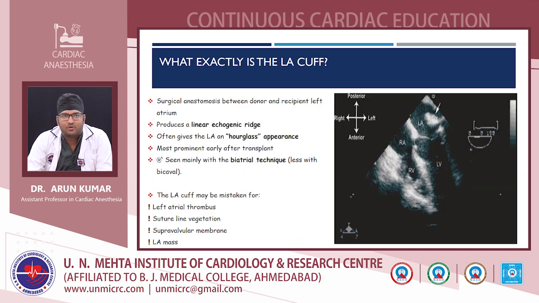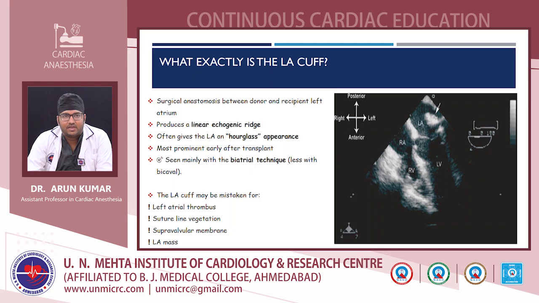Another important thing is the LA cuff. The LA cuff, the surgical anastomosis between the donor and recipient left atrium, produces a linear echogenic ridge. It often mimics thrombus, and it must not be mistaken for thrombus.